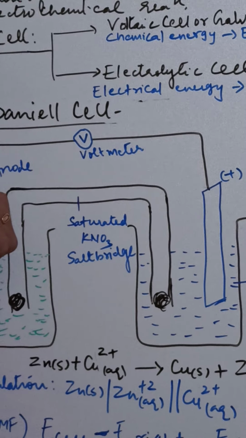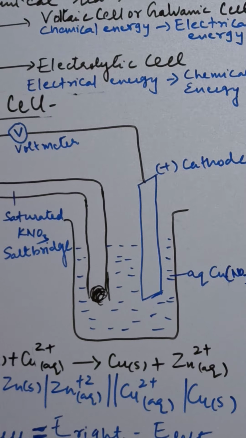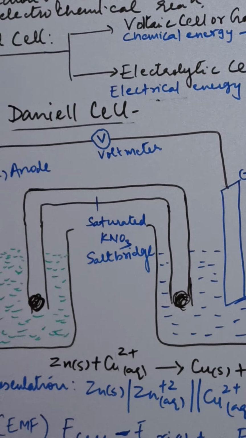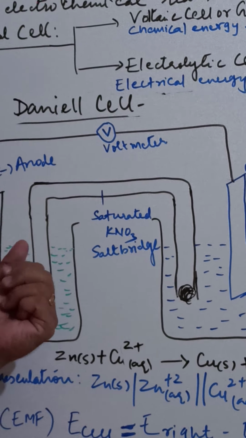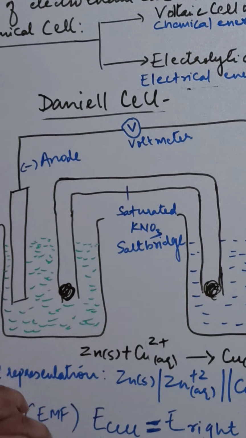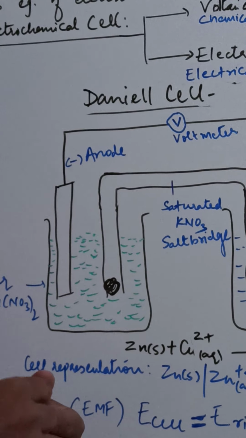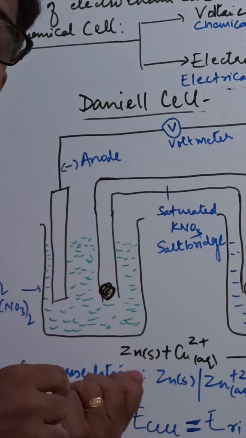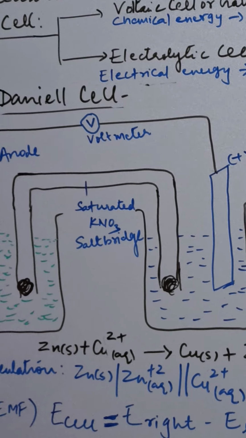The sign is negative for anode over here. The sign is positive here for cathode. Now if you see, the reaction can only begin when electrolytes are added into it. It is this electrolytes which produces the electron, and it is this electrolytes which facilitates oxidation and reduction reaction.